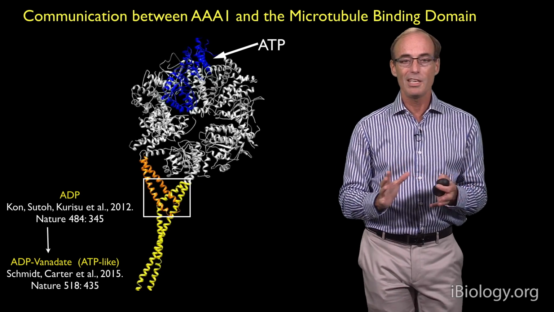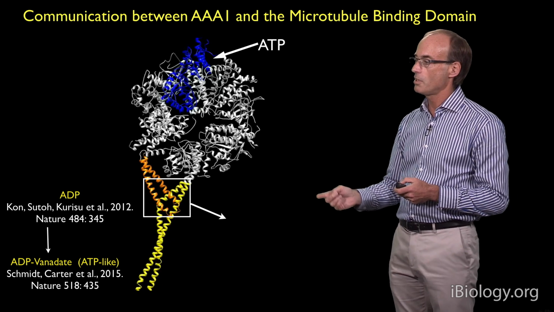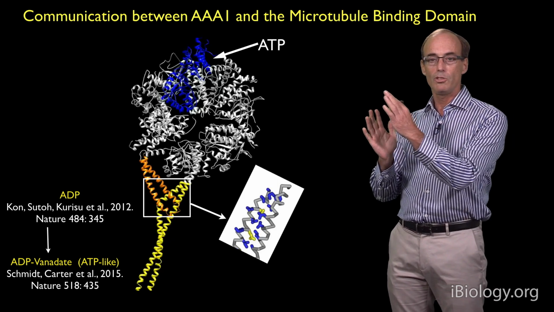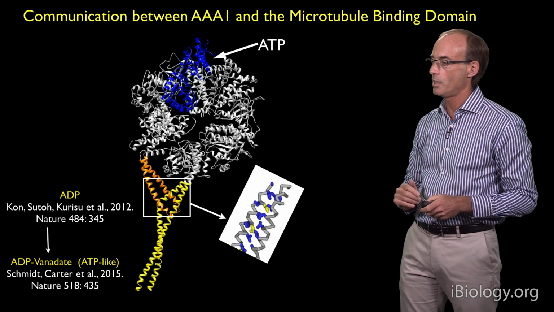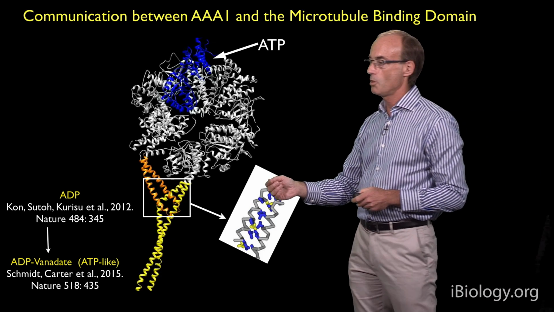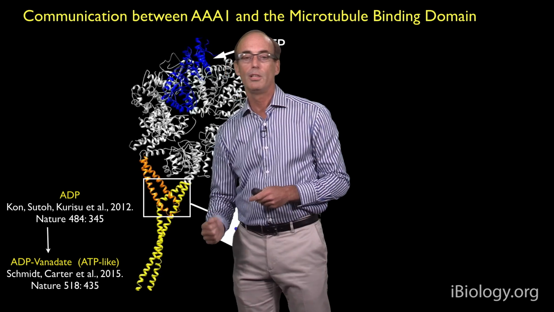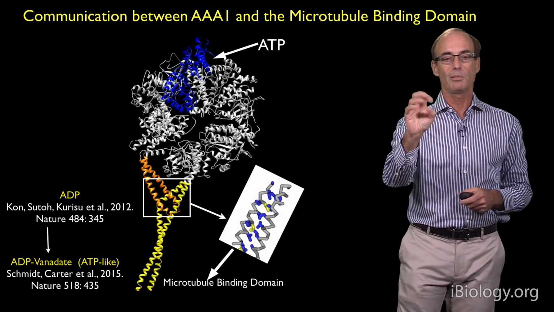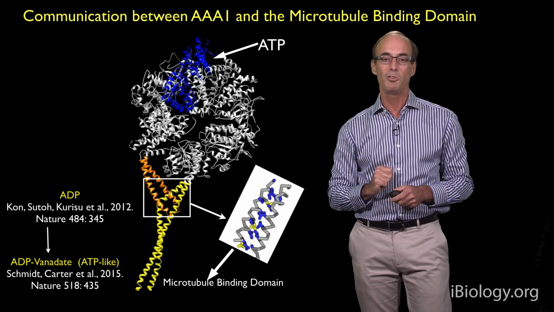And that does something interesting to the two helices that make up the stalk. It causes a sliding motion to occur so that the two helices can move a short distance relative to one another. But that sliding motion gets propagated all the way down the coil, all the way to the microtubule binding domain, and causes a subtle change in the microtubule binding domain structure that changes its affinity for microtubules.